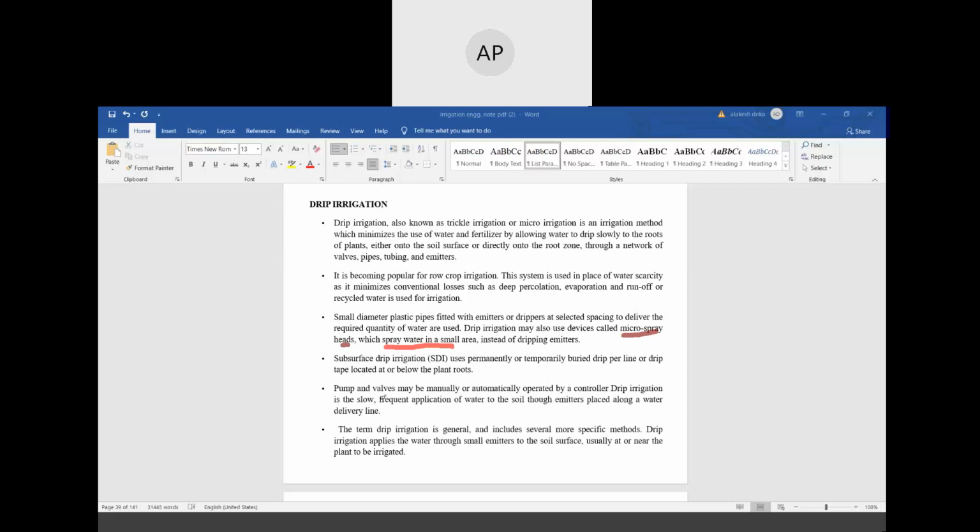Drip irrigation is the slow, frequent application of water to the soil through emitters placed along a water delivery line. The term drip irrigation is general and includes several more specific methods. Drip irrigation applies the water through small emitters to the soil surface, usually at or near the plant to be irrigated.